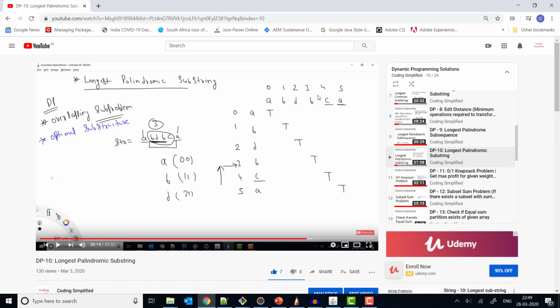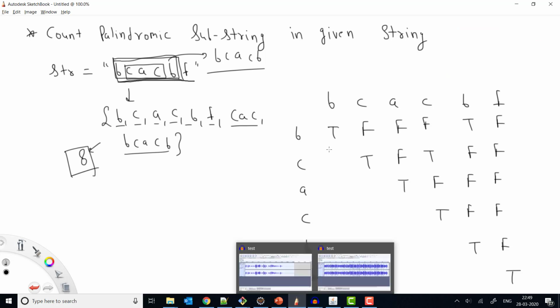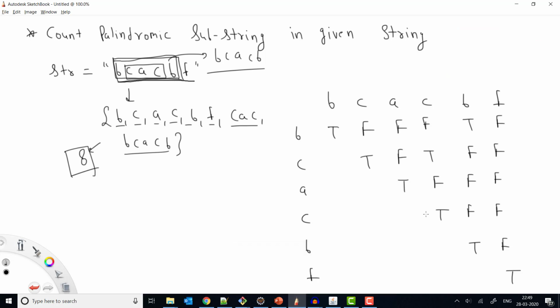If the characters are equal, then we check the matrix value at i plus 1, j minus 1, and if it is true, then we make it true, otherwise we make it false, right? So when you solve this question, whenever you have a true, in this case we are getting 1 substring, right?